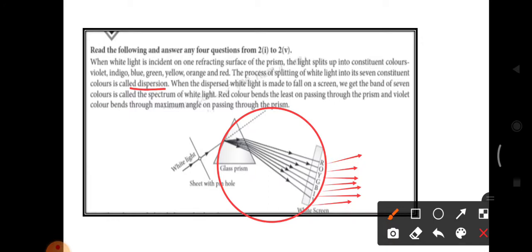This is called dispersion. When the dispersed white light is made to fall on a screen, we get the band of 7 colors called spectrum. So the 7 colors are called spectrum. Spectrum of white light. Red color bends the least on passing through the prism, and violet color bends through the maximum angle passing through the prism.